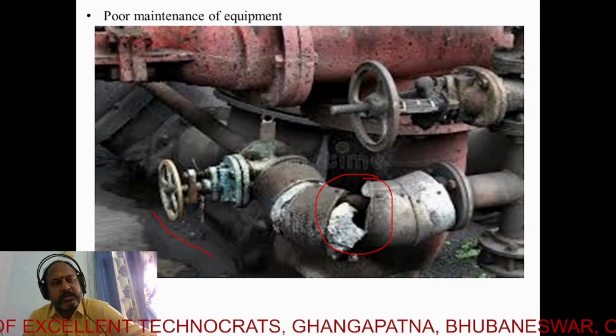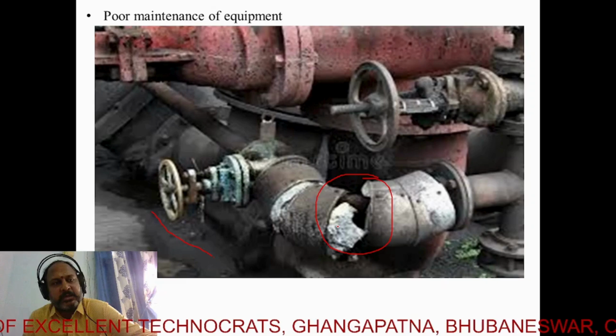One more root cause can be very poor corrosion control measures, lack of painting, or lack of any kind of cathodic protection. And one more root cause is that cleanliness is totally neglected, and lubrication routines are also missing.